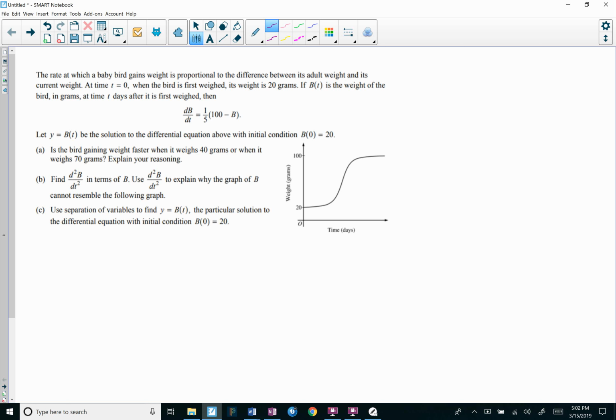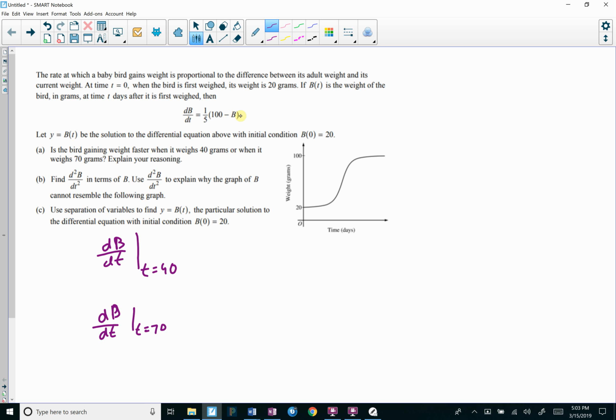So is the bird gaining weight faster when it weighs 40 grams or when it weighs 70 grams? Well, I'm going to evaluate dB/dt when B is 40. Then I'm going to evaluate dB/dt when B is 70. Now, if it is 40, be careful there.